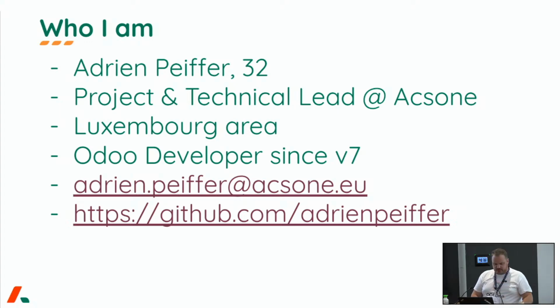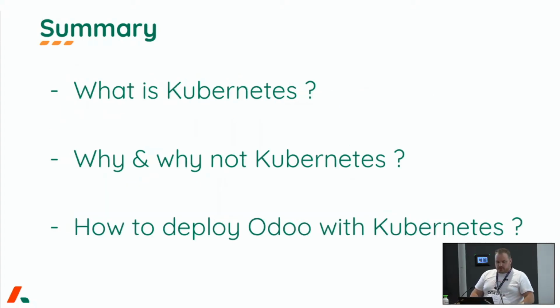That's enough about me. So, the summary of this presentation. First, we'll take a look at what Kubernetes is and how it works, to help us understand this presentation as well as possible. Then we will look at the situations in which Kubernetes can be beneficial for Odoo deployment, and where Kubernetes may not be the appropriate solution.